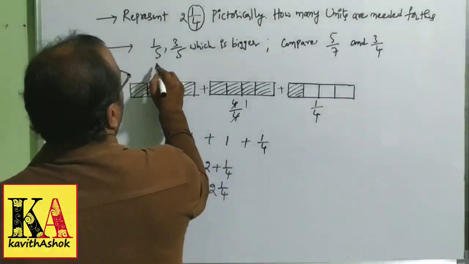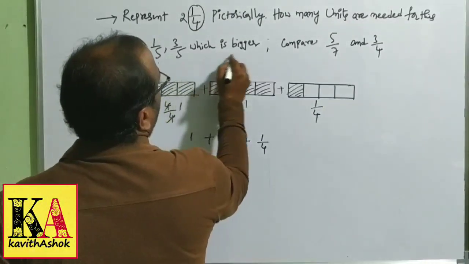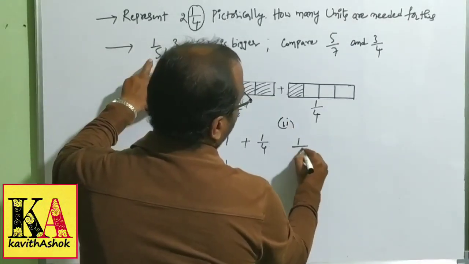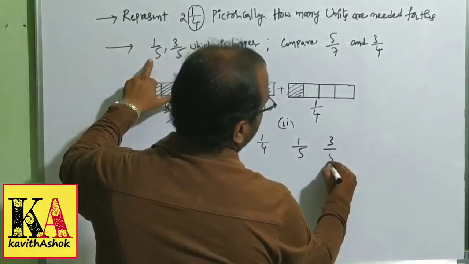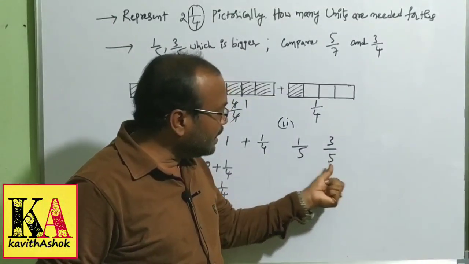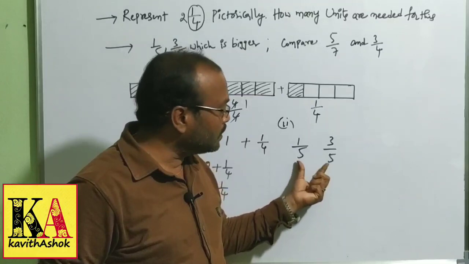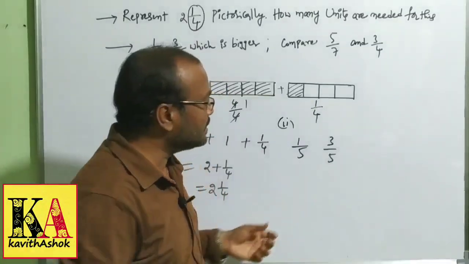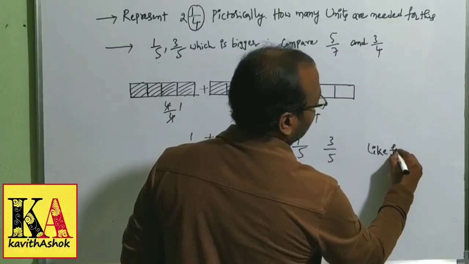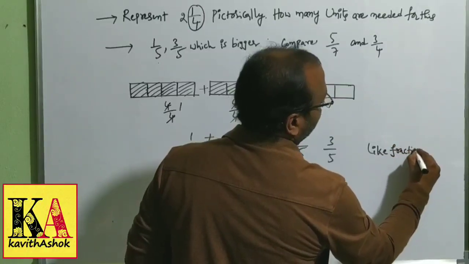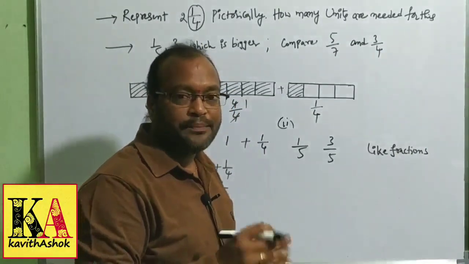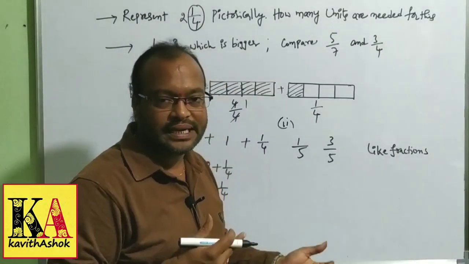Now 1 by 5 comma 3 by 5, which is bigger? 1 by 5 is there and 3 by 5 is there. Look here, in the denominator part, the denominator is the same in both of the fractions. We can call these like fractions. So whenever like fractions are there, only by comparing the numerators we can say which is greater.